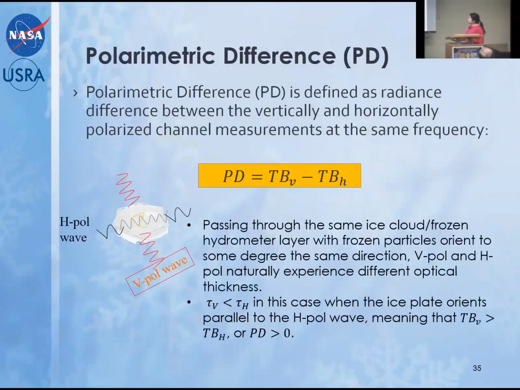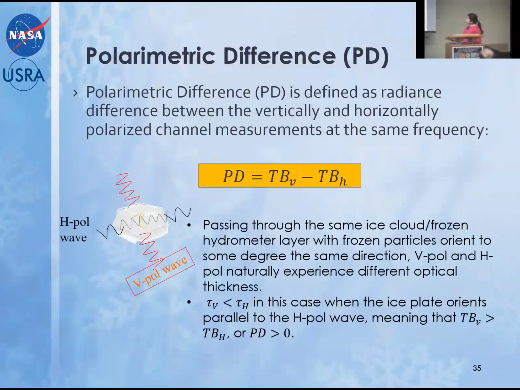So imagine you have an ice crystal that's not a sphere and it's horizontally aligned, for example a plate. Then the vertically polarized wave and horizontally polarized wave are going to experience different optical depths.